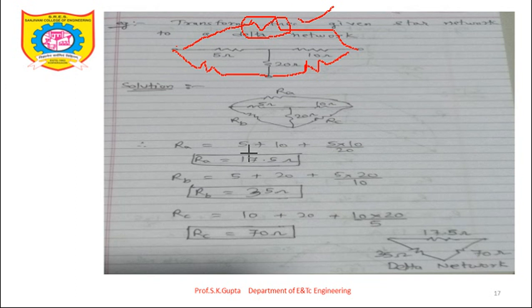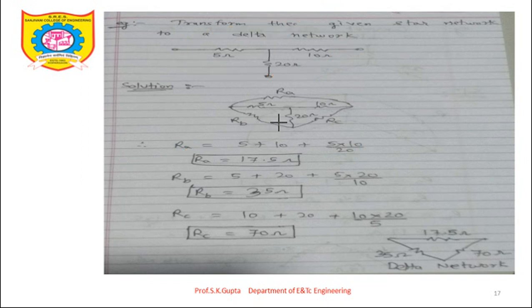RA value is 5 plus 10 plus their product 5 into 10 divided by the remaining 20 present in the star network. So if you solve this, 5 plus 10 is 15. So this 0, this 0 get cancelled. So 5 by 2 is 2.5. So 15 plus 2.5 is 17.5 ohm.